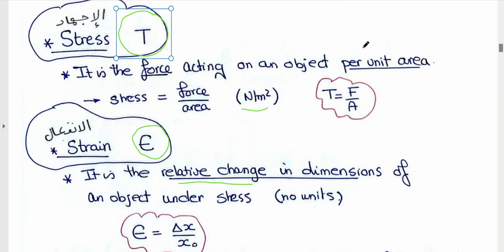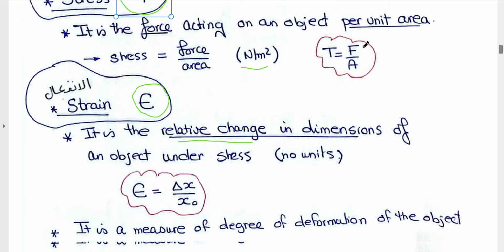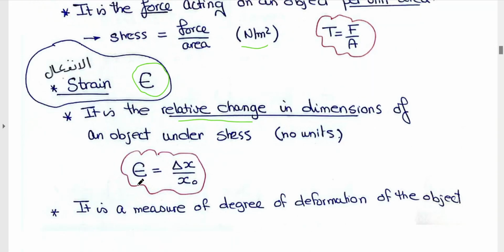This gives a clear explanation for us. So strain means the degree of deformation, and it is the relative change in the dimensions. So it's delta x over x naught. Because it is a relative change in dimensions, we don't have units for strain.